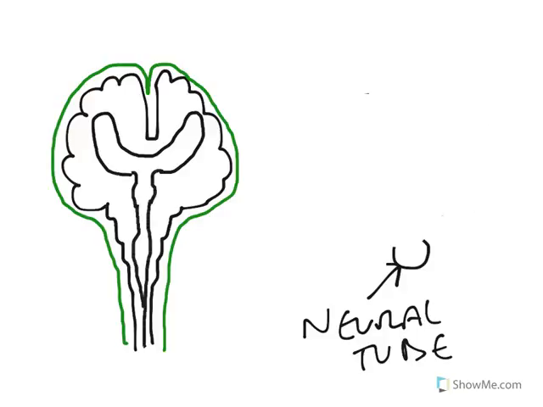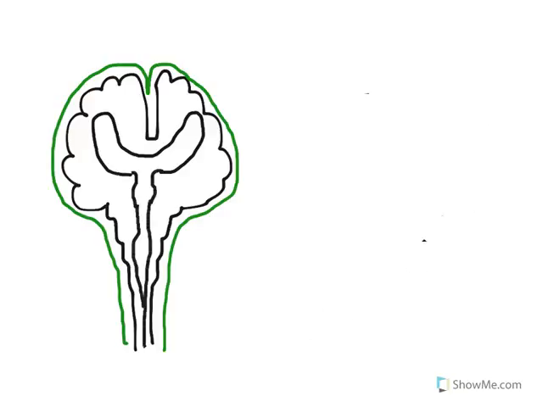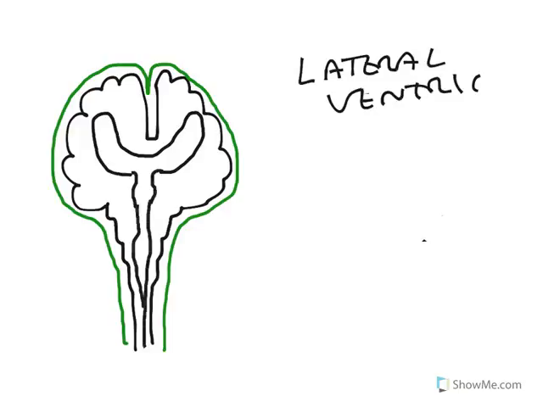So what we said that we have got the lateral ventricle, and there are two lateral ventricles, one on each side. So there's a lateral ventricle. We have got the third ventricle, which is this one there, sitting in the midline.